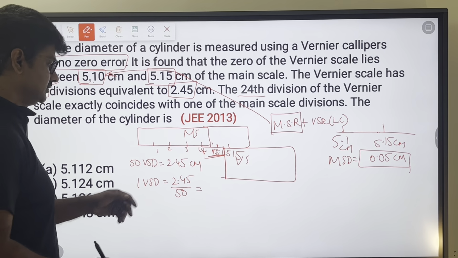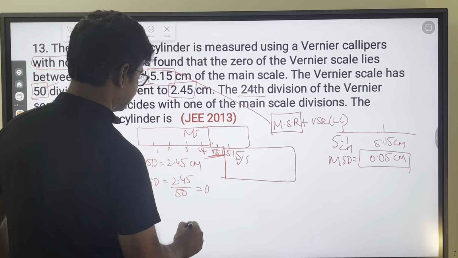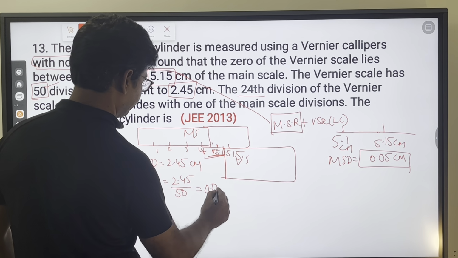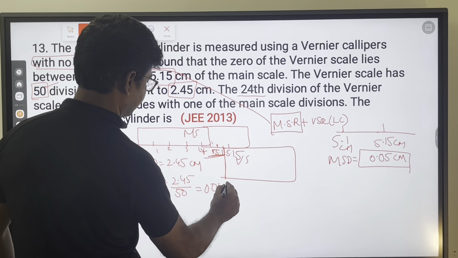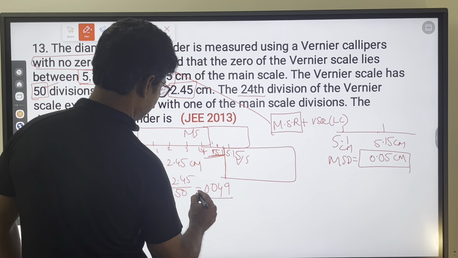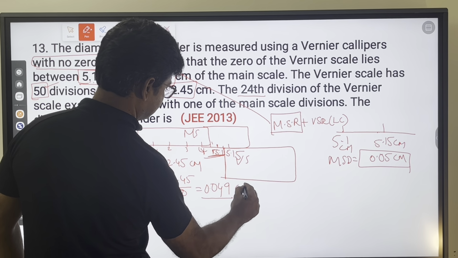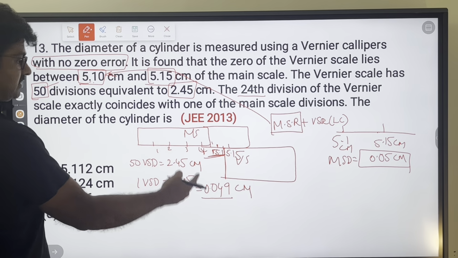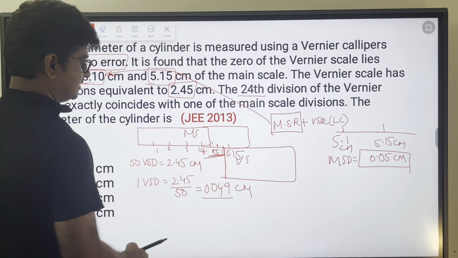How much do you get? You get 0.049 centimeters. So 2.45 centimeters is 50 divisions, so one division you get 0.049 centimeters.